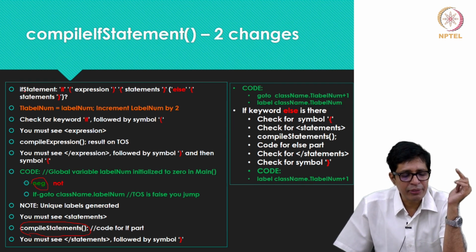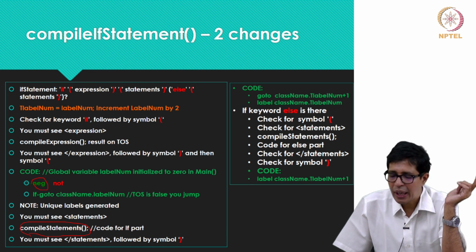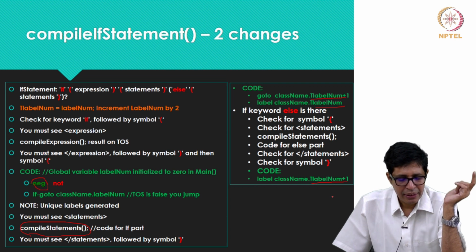So, what we do is when we enter if statement, we have a local variable called t label num, and that you assign to label num and increment your label num by 2, and all your label nums you replace with t label num. Here also it should be replaced by t label num, right, and here also, very important.